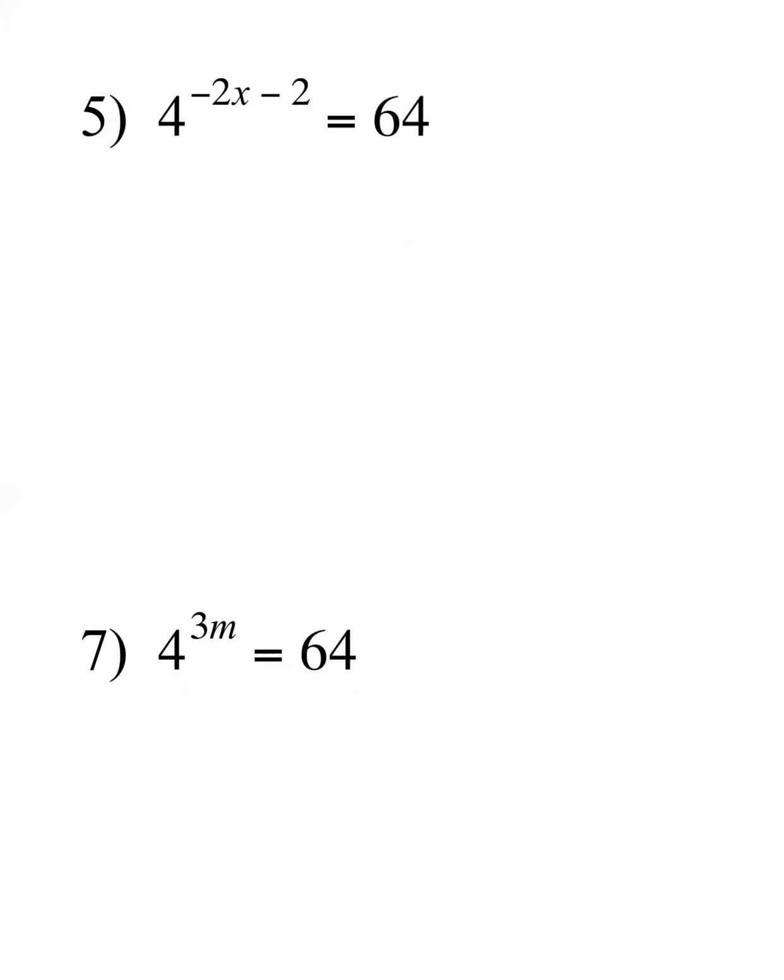And I'm going to do one more with you. Okay, 5. All right, so I've got a 4 here and a 64 here. I want to rewrite the 64 so that it has a base of 4, okay?